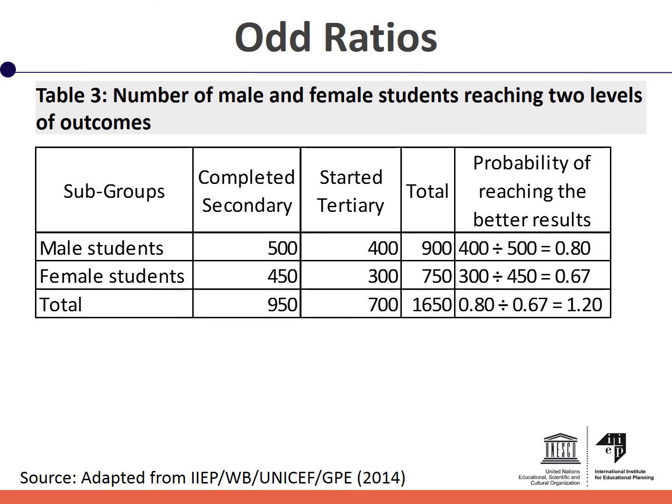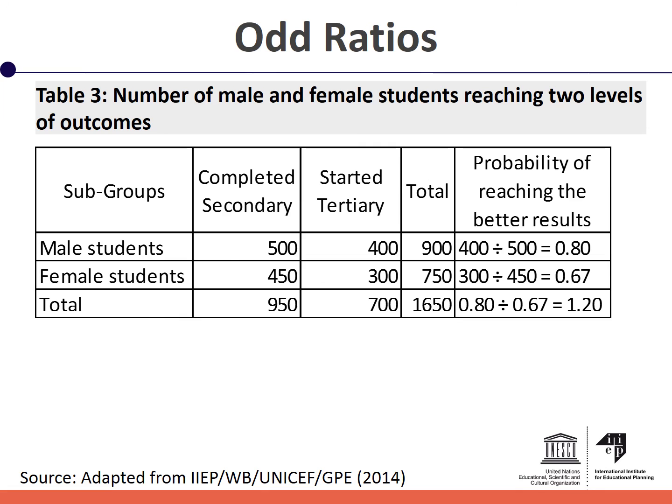Odds ratios measure the comparative advantage of individuals belonging to one group to another, for example, boys to girls, in achieving a higher outcome rather than a poorer outcome, expressed in indicators. For each group, the odds can be calculated comparing the higher outcome against the poorer outcome.